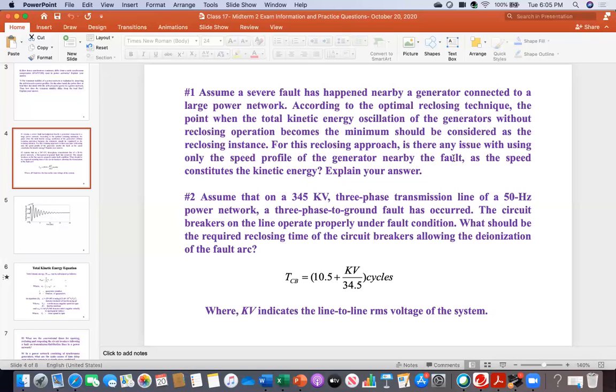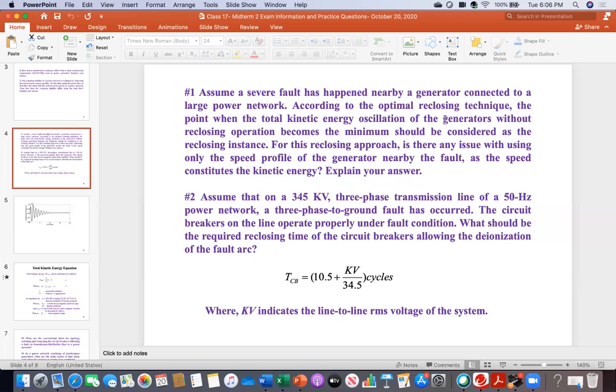Yes, Dr. Ali. So therefore, in other words, in a large integrated power network, it is always better to use a global variable that will capture the information of all the power sources in the system. That will take into account the effect of all the sources, because even though the fault is near one generator, other generators more or less are getting affected.